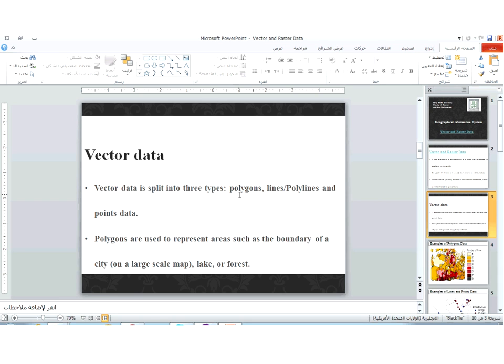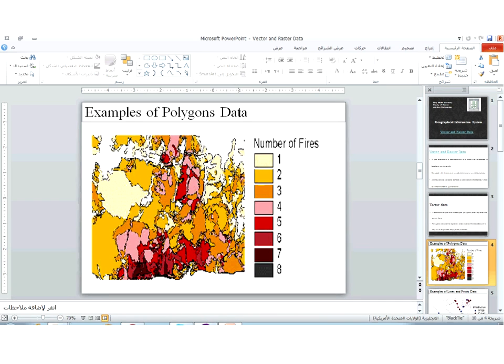Each of these data types represents some surfaces or some information in the map. Polygons are used to represent areas, such as the boundary of a city on a large-scale map, or represent a lake and forest. They can also represent a building.